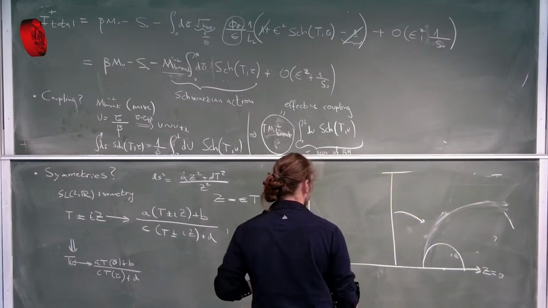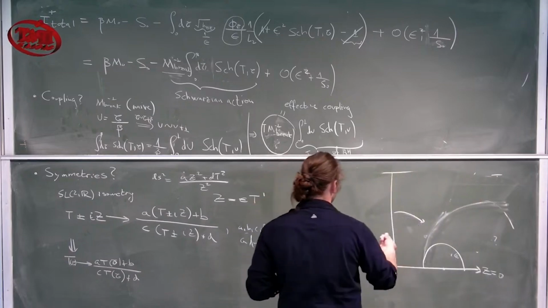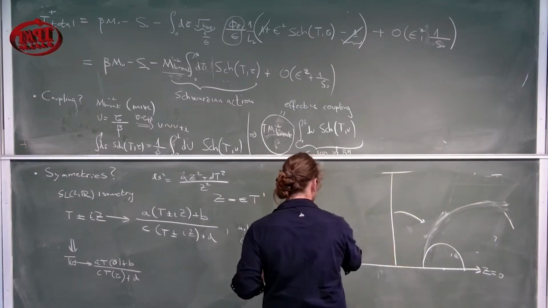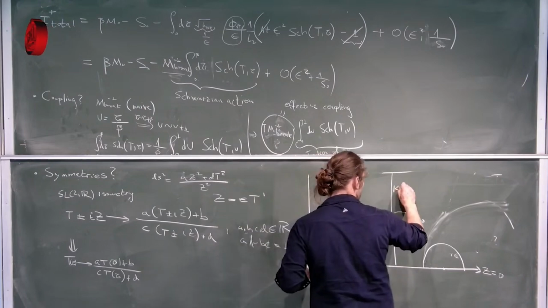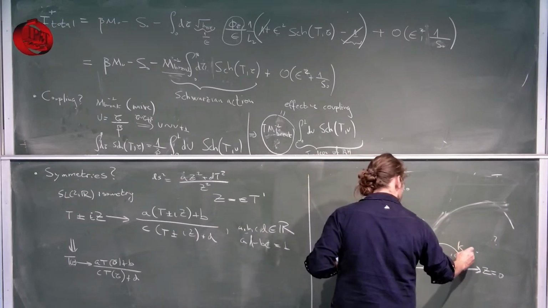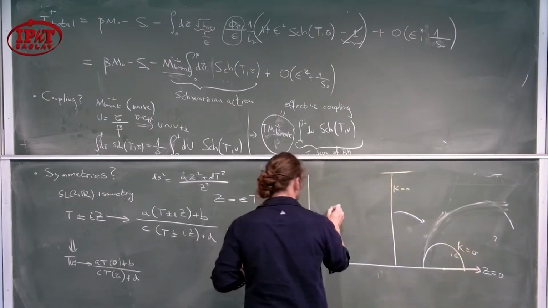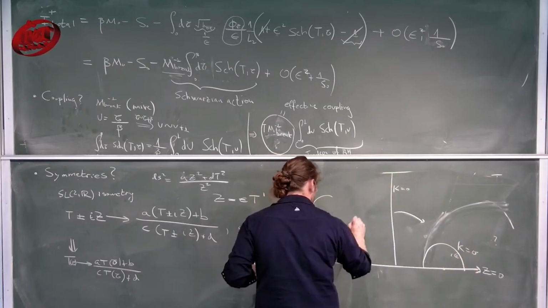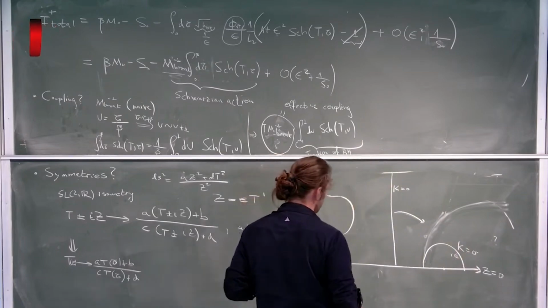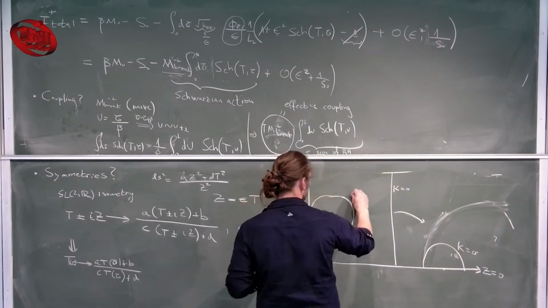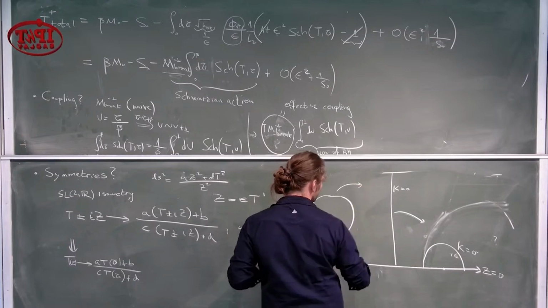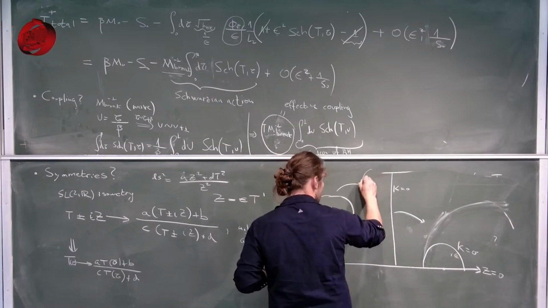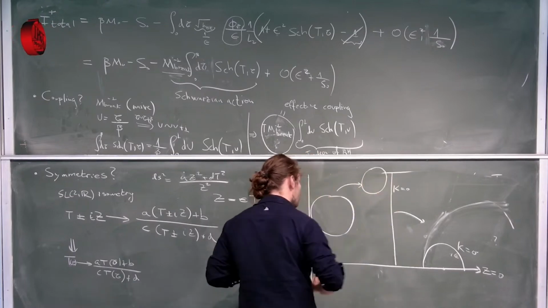And more importantly for our problem, it also maps curves. So these have k equals 0, they're geodesics. Importantly, it maps curves that are circles in the upper half plane to other circles that exist in the upper half plane.